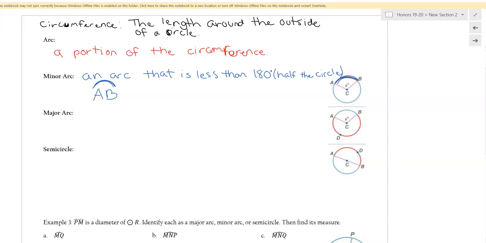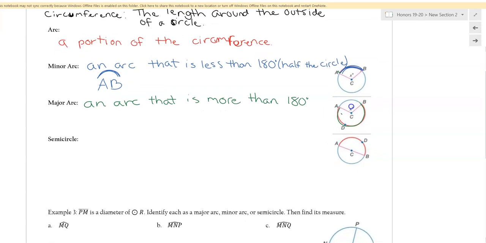A major arc is an arc that is more than half the circle, or more than 180 degrees. So if you look here, right, it's still A to B, but if you just say A to B, I'm going to take the shortest path, right?